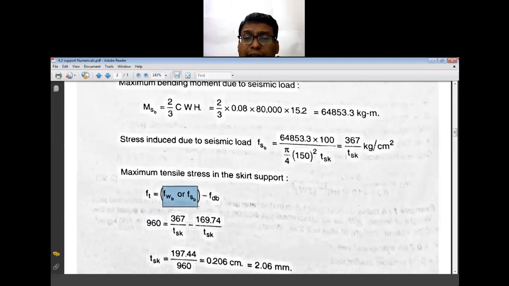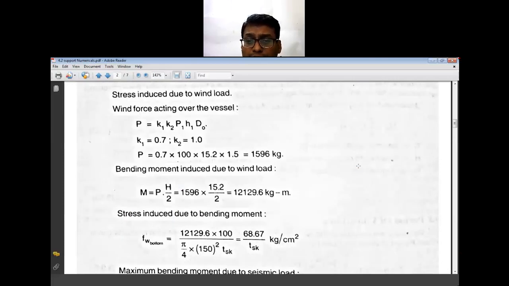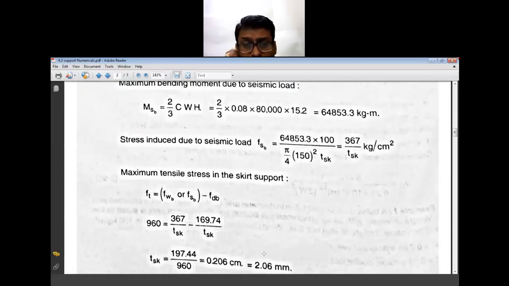So that comes as 64,853. Then the stress because of the seismic load is MSB upon pi by 4 dO square into tSk. This factor converts kg meter into kg centimeter, because the stress is written in terms of centimeter square.